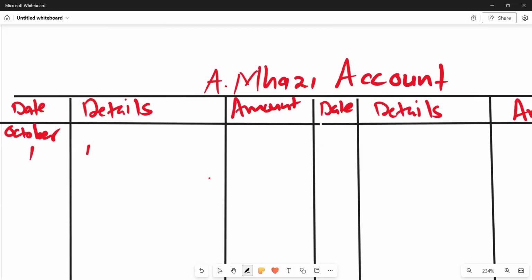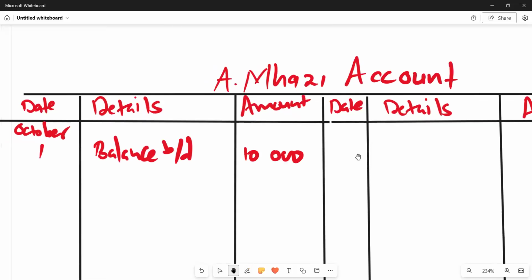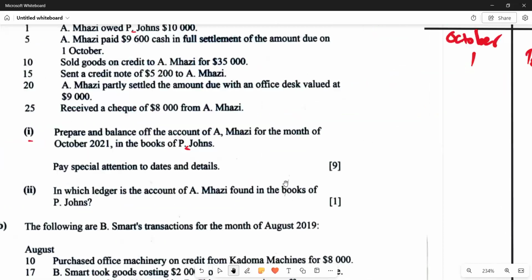That's where you are going to have your balance b/d. And we are told that A. Mazi owes $10,000, so on the amount we write 10,000. This is what we have, and now we can go on to see the transactions that transpired during the month.